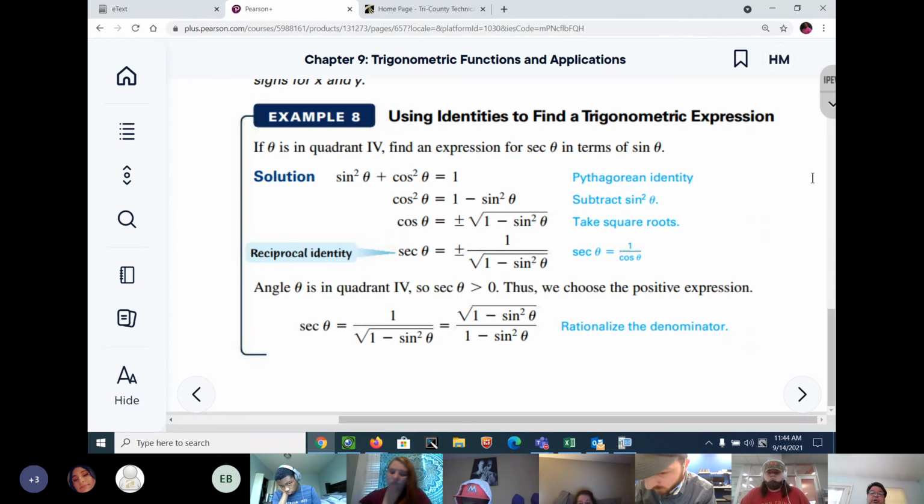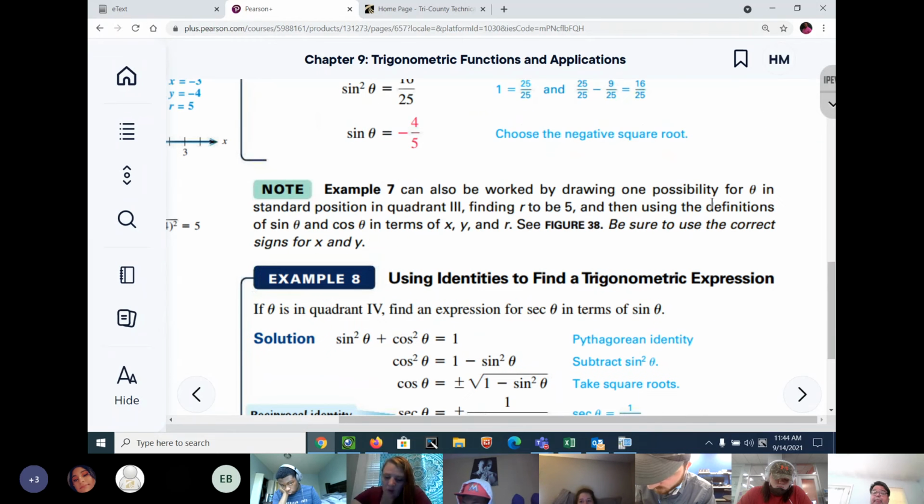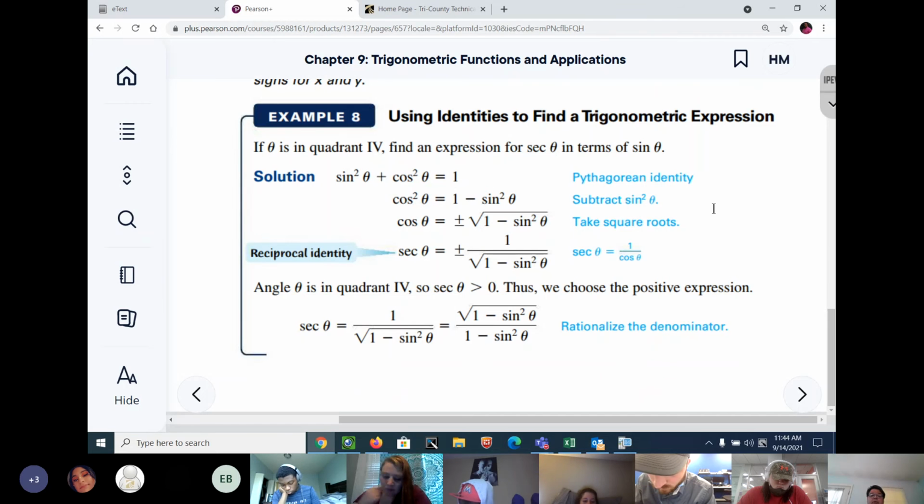So there's 2 test questions right there on page 635. Example 8 is solving a Pythagorean identity for one of the other components.